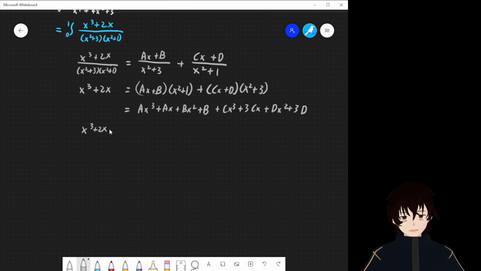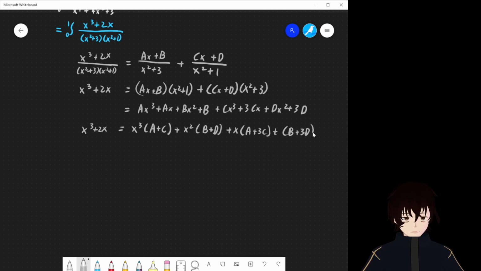x cubed plus 2x is equal to x cubed, a plus c, plus x squared, b plus d, plus x, a plus 3c, plus b plus 3d. A plus c is equal to 1.